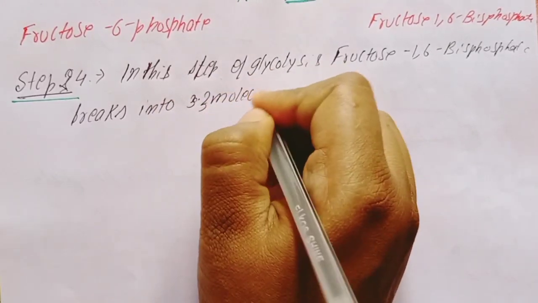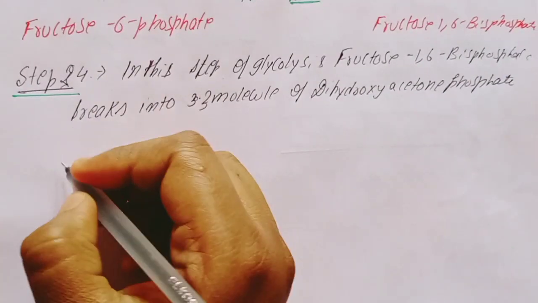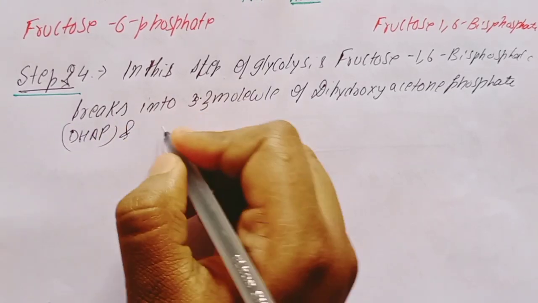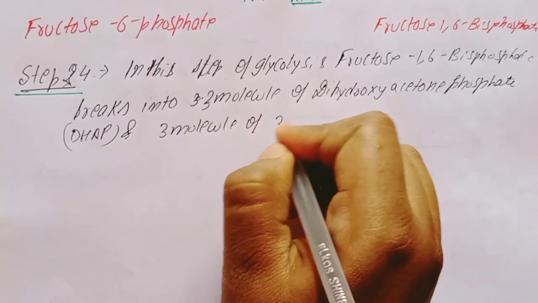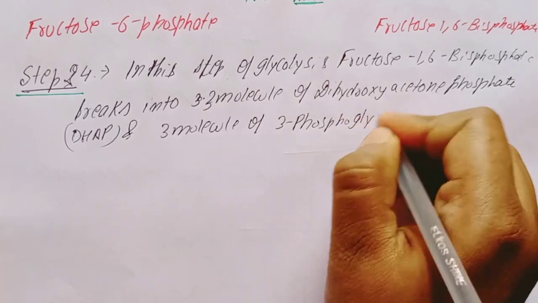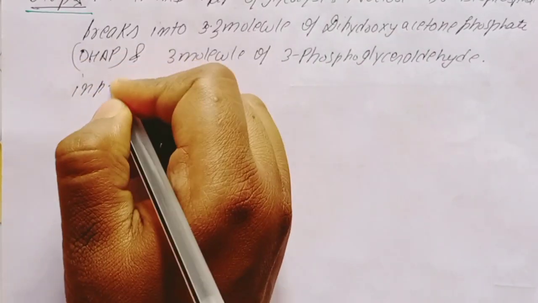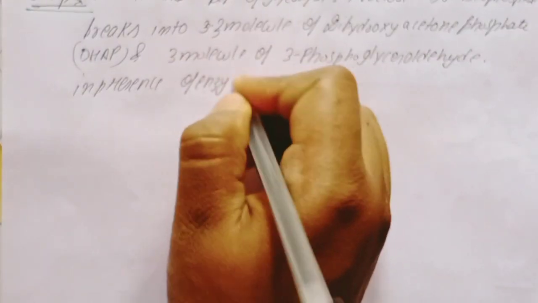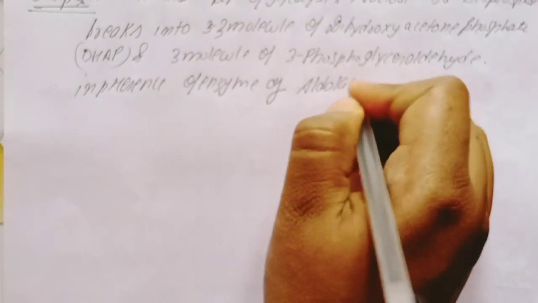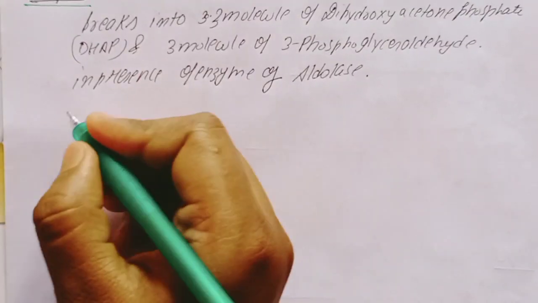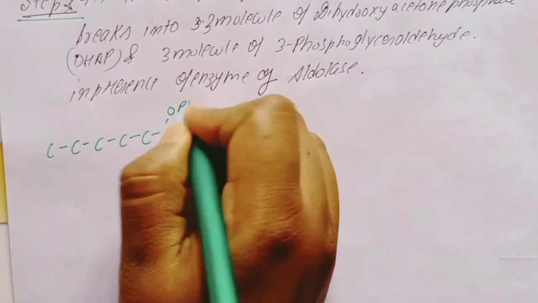So, here occurs the cleavage process. In simple words, we can say that one fructose 1,6 bisphosphate is cleaved or divided into two 3 carbon molecules, glyceraldehyde 3 phosphate and dihydroxyacetone phosphate. This reaction is catalyzed by enzyme aldolase.